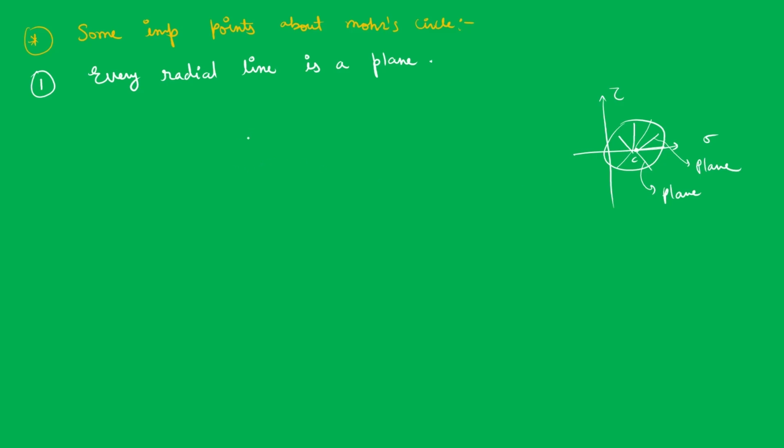And the second thing is that principal planes, sorry, not principal axis, principal planes are represented by radial lines.